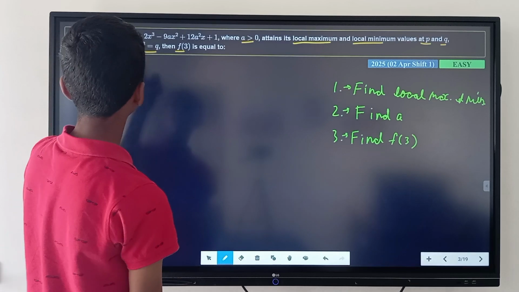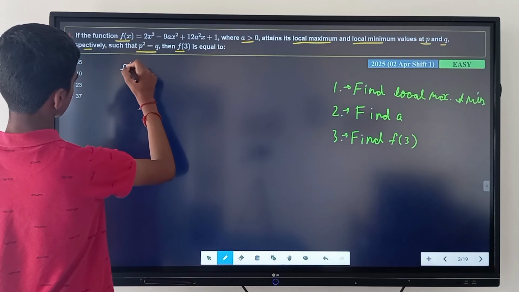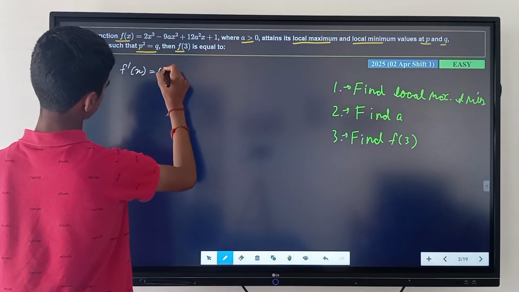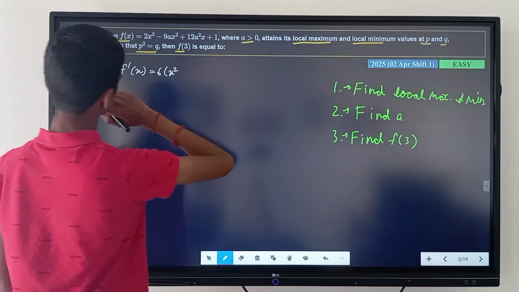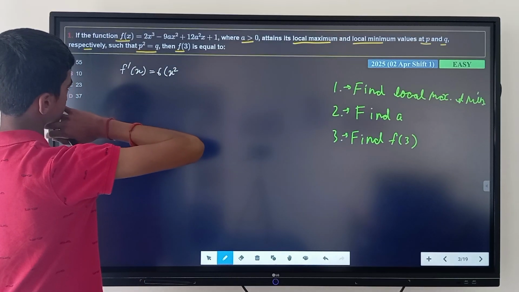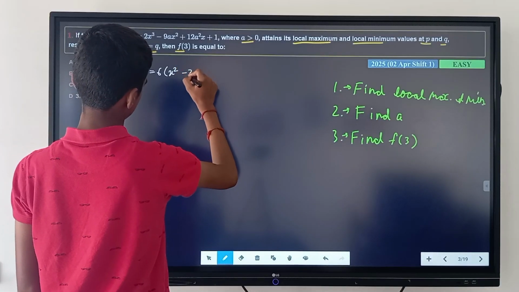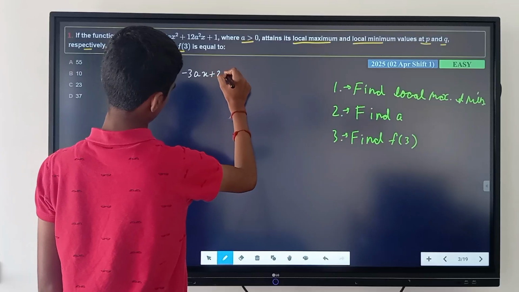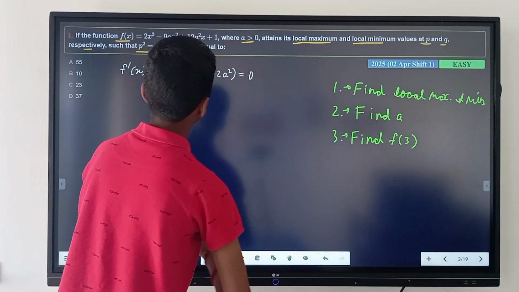Now, first let's take first derivative of f of x, f dash x. And let's also take 6 common, we will get 6 times x square minus 3ax plus 2a square is equal to 0.